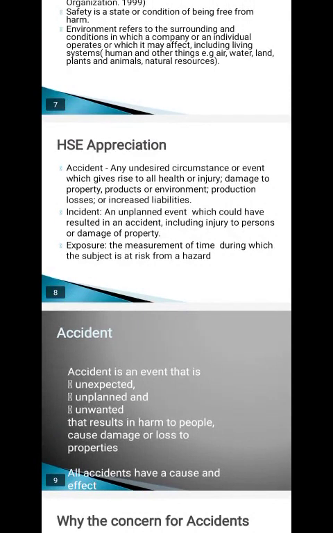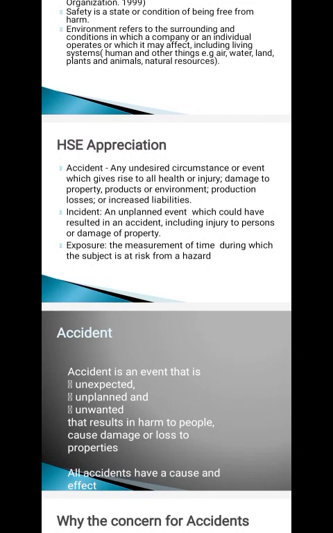So that is an accident. Any undesired circumstance or event that gives rise to health issue or injury, damage to property or products, loss of production, and increased liabilities.